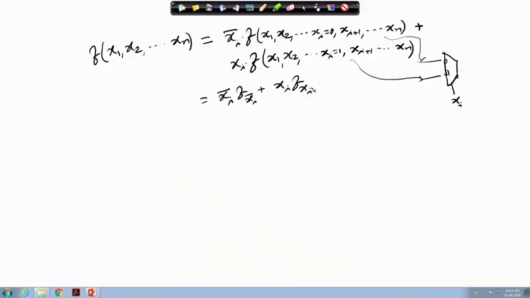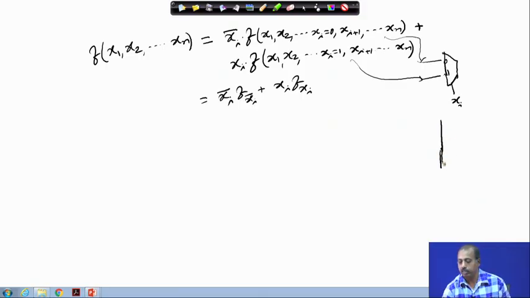Now, how can we generalize the method? Suppose we have a 4:1 multiplexer instead of a 2:1 multiplexer. That is, there are 2 select lines and 4 input lines. This is for 00, this is for 01, this is for 10, and this is for 11, and these are my select lines, say S1 and S0.